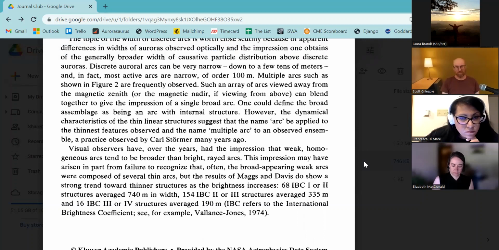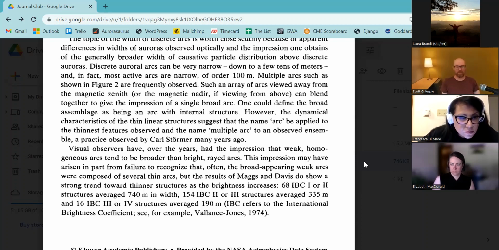Such an array of arcs viewed away from the magnetic zenith, or magnetic nadir, if viewing from above, can blend together to give the impression of a single broad arc. One could define the broad assemblage as being an arc with an internal structure. However, the dynamical characteristics of the thin linear structures suggest that the name arc be applied to the thinnest features observed, and the name multiple arc to an observed ensemble, a practice observed by Carl Størmer many years ago.